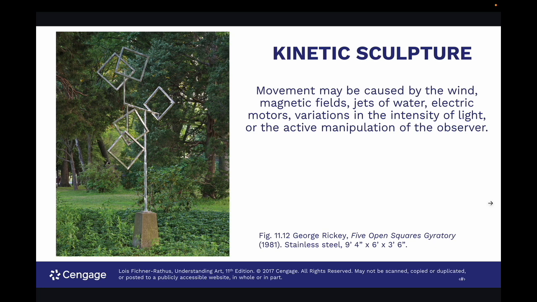Kinetic sculpture is actually sculpture that moves. Movement can be caused by the wind, magnetic fields, jets of water, electric motors, variations in the intensity of light, or the active manipulation of the observer. So I'll show you a different sculpture by George Rickey, but it's the same concept, that these forms he's made move in space when the wind blows them.